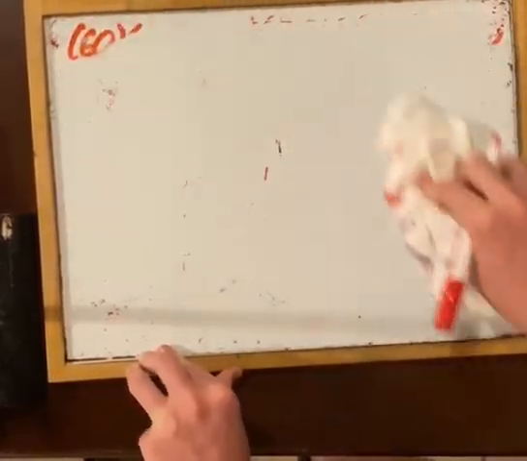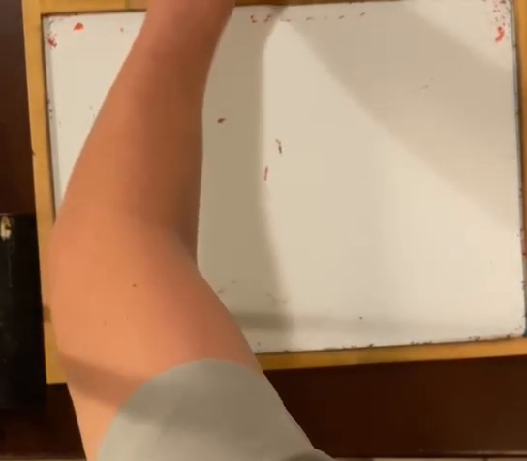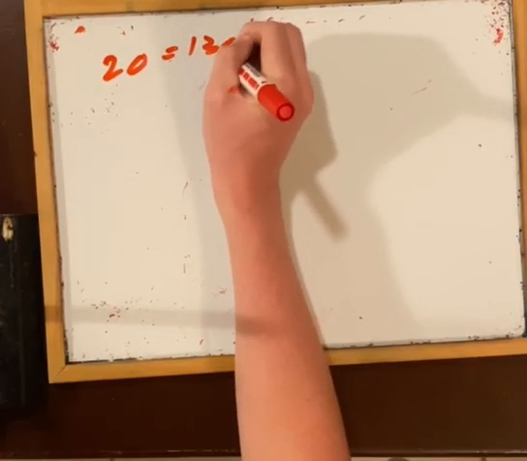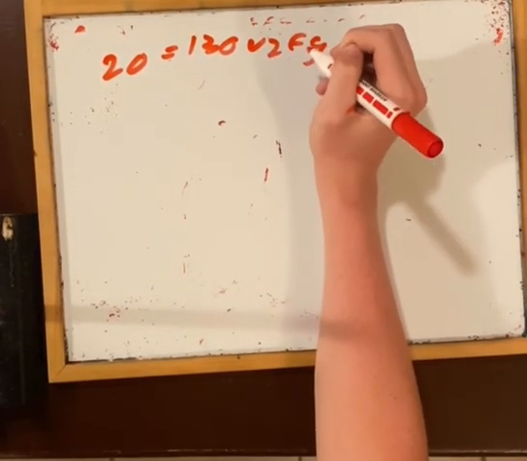I'm just going to erase this for some more space. Okay, so now we solve. 20 equals 130 v2f of y. Is that right? Yes, that's right.